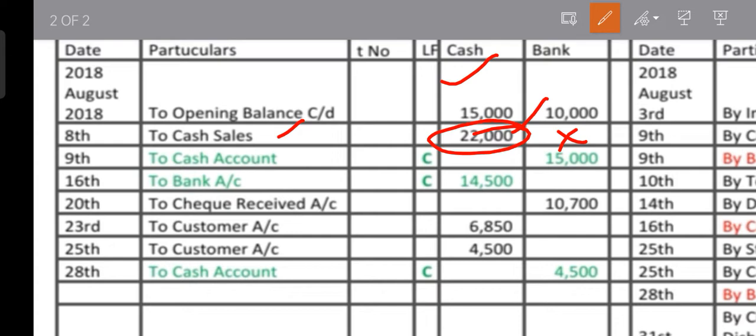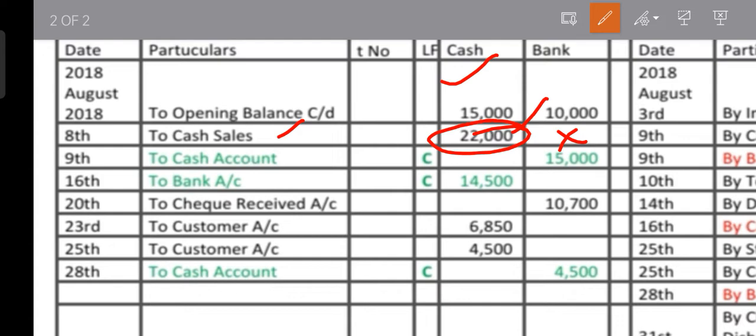If it is an ordinary check and nothing is told in the problem that the check has been deposited into the bank, the assumption you need to make is that the open check has been taken to the bank and cash is withdrawn on the same day. You need to record it in the cash column only.